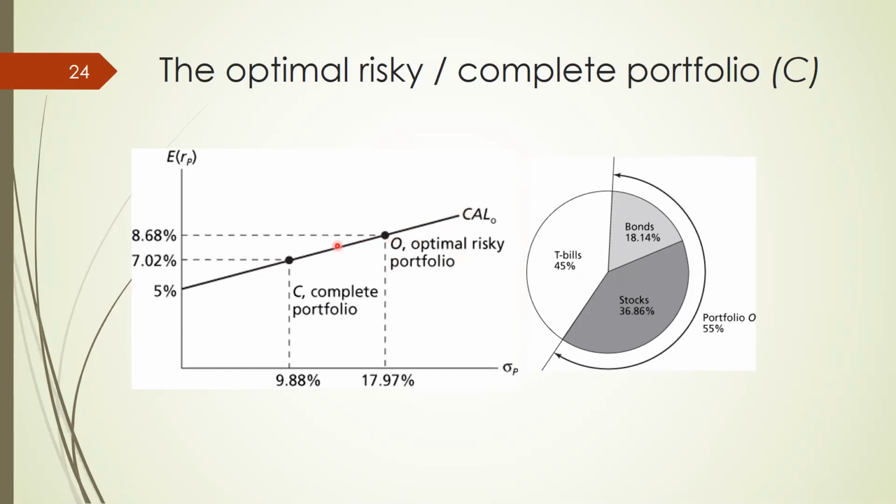Then we're going to look for the complete portfolio among the investment opportunity set of the O portfolio, which is the capital allocation line for the O portfolio, and find the optimal allocation to form our C portfolio. So the C portfolio has the optimal allocation between the risk-free asset and the O portfolio based on the risk aversion of the investor. Okay, so that completes our three-step allocation to form the complete portfolio.